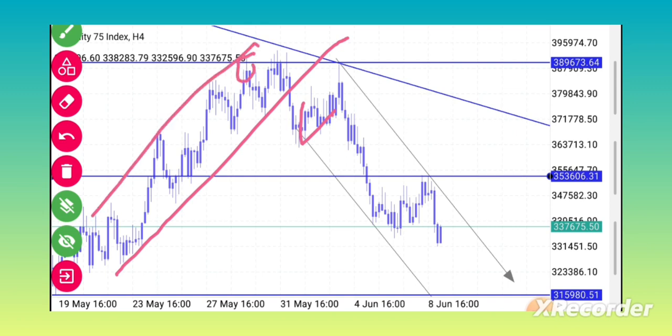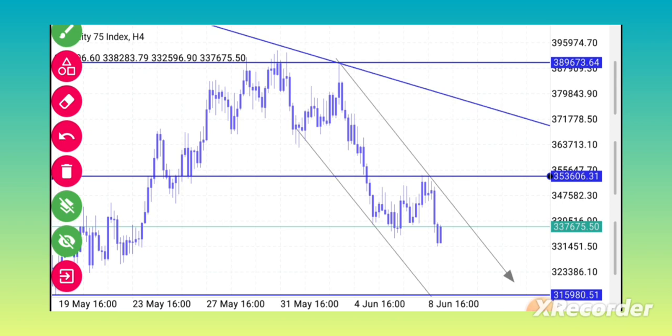So this was the first touch. We are still under this trend channel. After the market hits our zone the first time, we wait to see how the reaction will be. We also wait for the market to come back and tap here. This is check-in 1, it comes out, check-in 2.